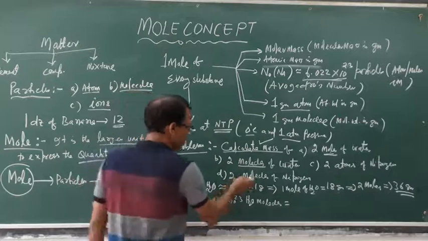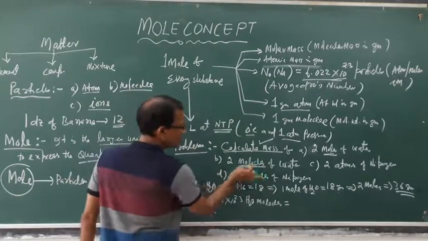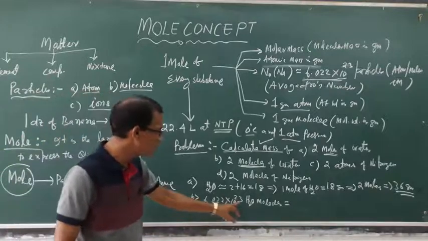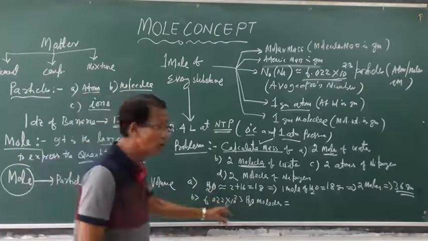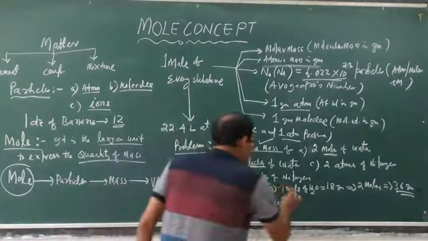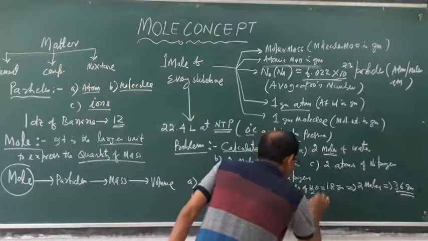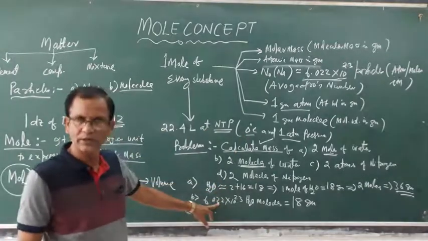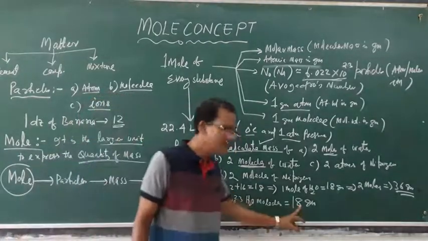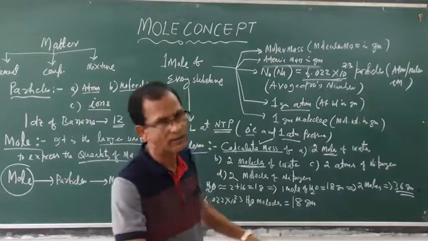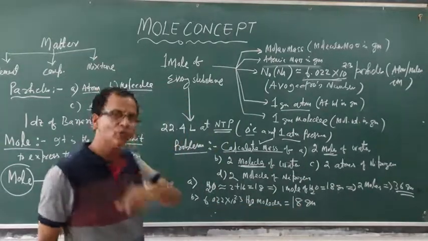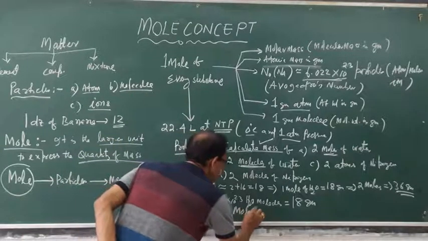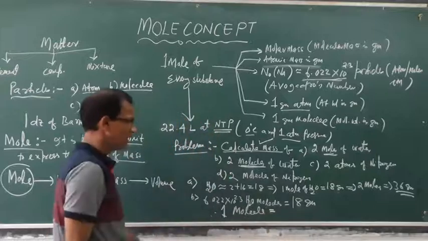As it is molecular form, 2 molecules of water: 6.02 10 to the power 23 water molecules, in terms of gram, will be 18 gram, because 1 mole of water is this many water molecules, equal to 18 gram, as per the formula, equal to the molar mass. So for 1 molecule, how much weight?